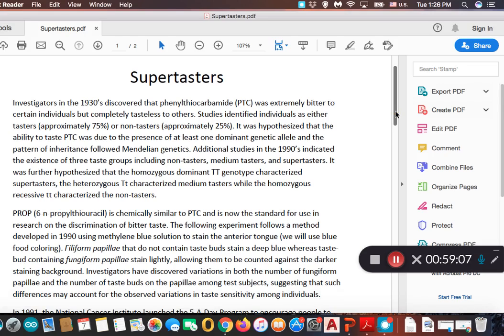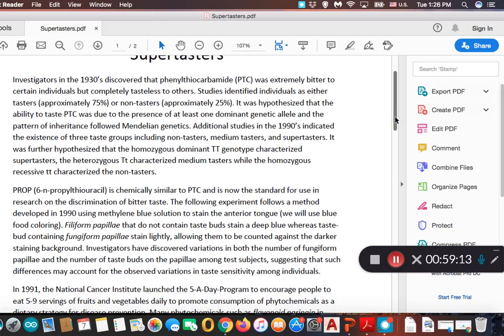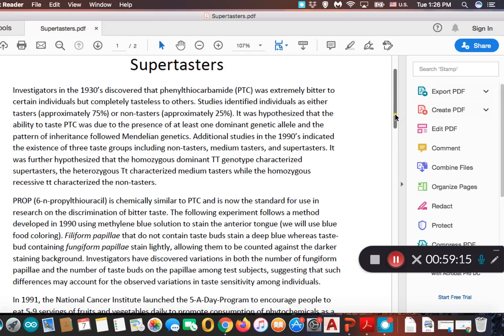This is why these people are called super tasters. In this document, I put some background knowledge of the super taster from different articles.